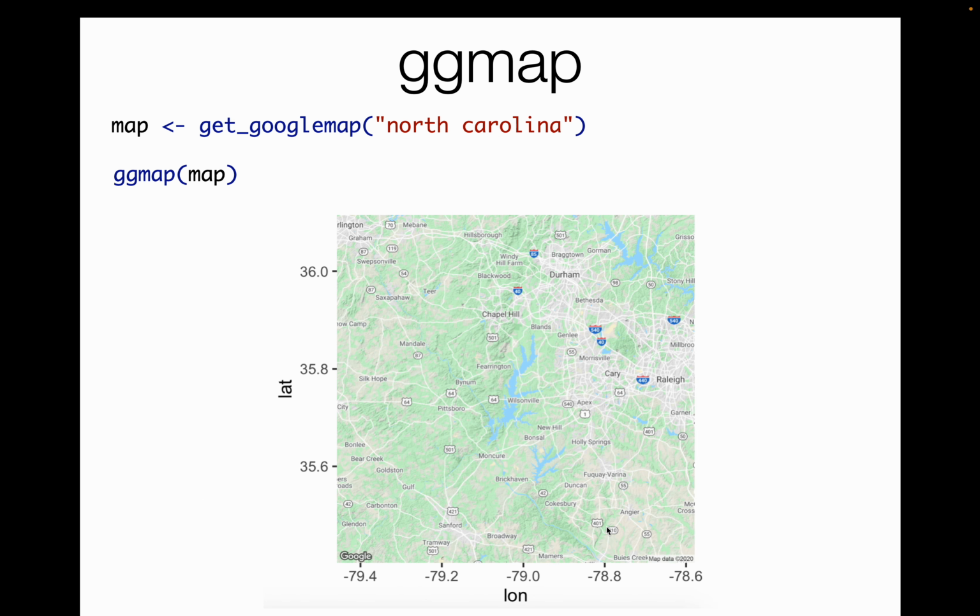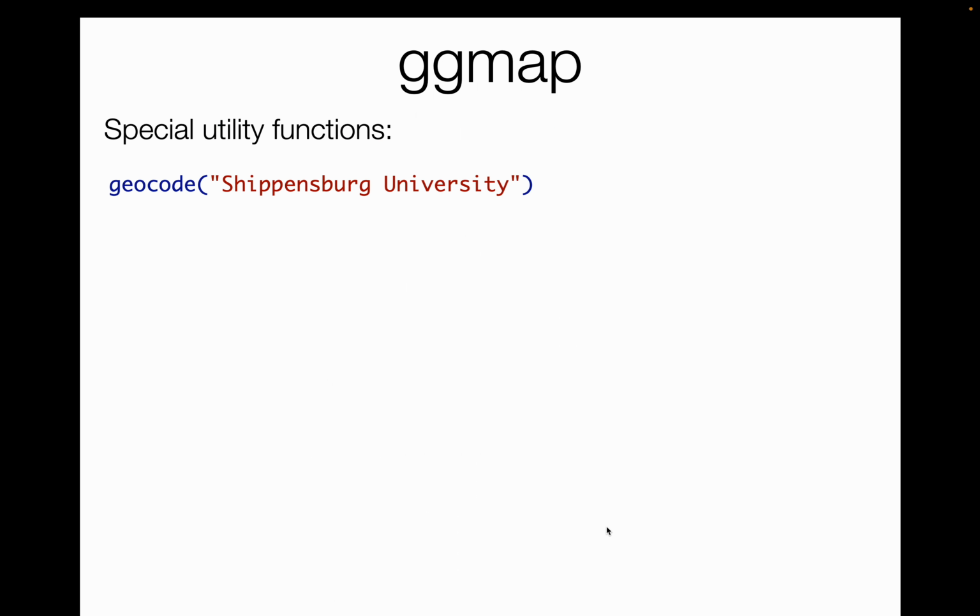But I have a short example that will show you what ggmap does. Here I can get a Google map of North Carolina, and I can use that and make a plot of the map. It has some special functions.